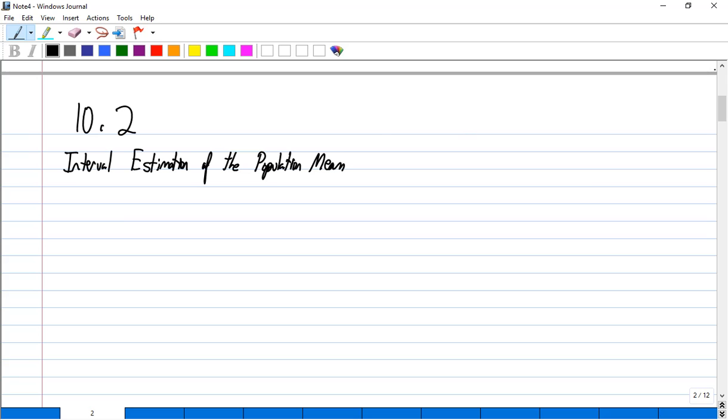To calculate this estimation, we are going to have to figure out a couple more variables, depending on how confident we want to be in our interval.